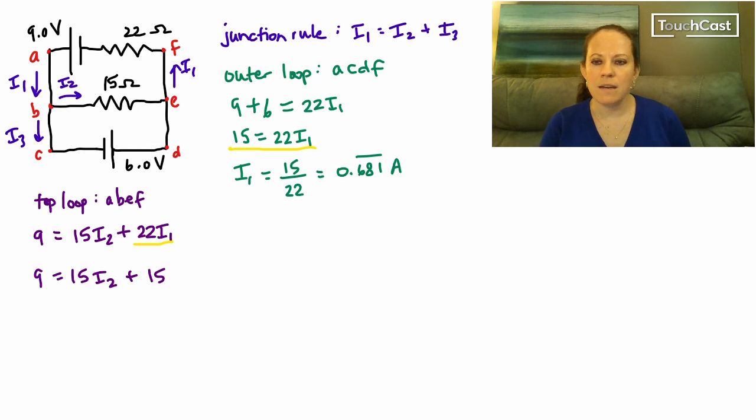And now I can see I am going to end up with a negative value for my current I2, which means that my current I2 must be flowing the other direction than what I'd guessed.